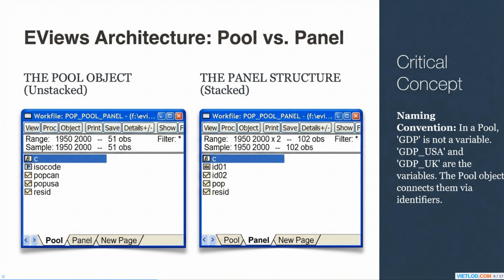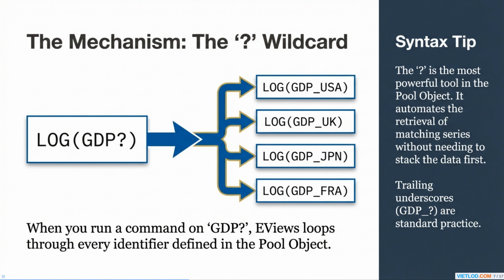The unstacked nature of the pool object might seem cumbersome, but EViews has a powerful tool that makes it incredibly efficient. Let's talk about the wildcard. The question mark, or wildcard, is the most powerful tool for working with pool objects. It acts as a placeholder for the cross-section identifiers you've defined.